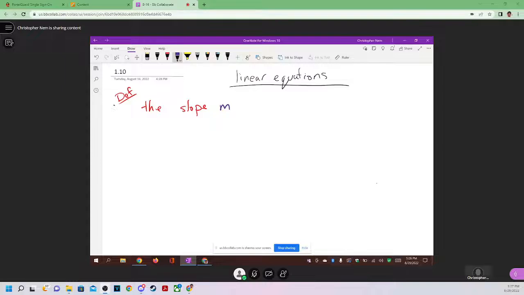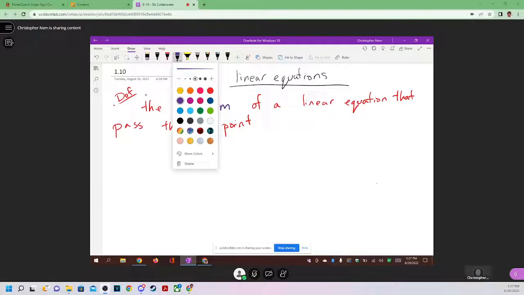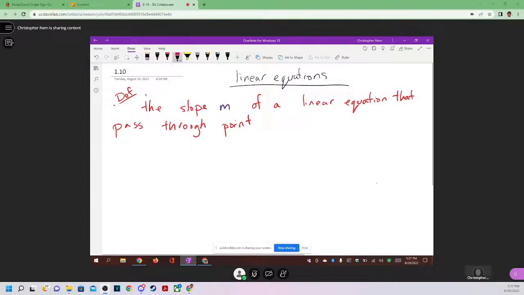The slope m of a linear equation that passes through point, and let's call this point A, and then B.